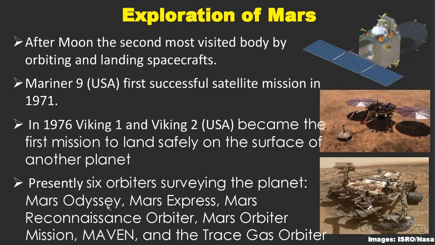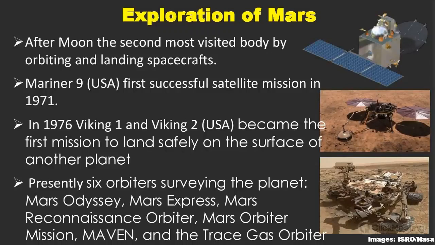It is accompanied by Mars Odyssey, Mars Express, MRO, and MAVEN. Each of these orbits Mars with a specific scientific objective. For example, MAVEN is mainly concentrating on studying the atmosphere of Mars. You can see here this is MOM, and these are some of the landers.